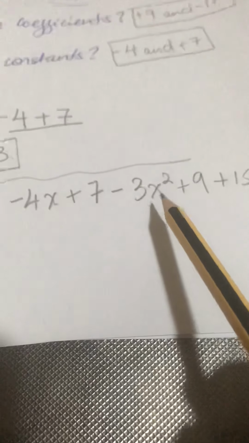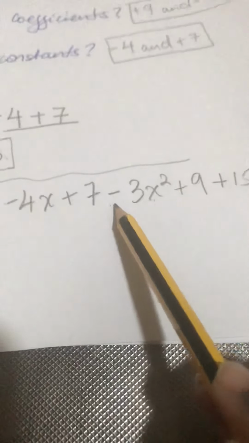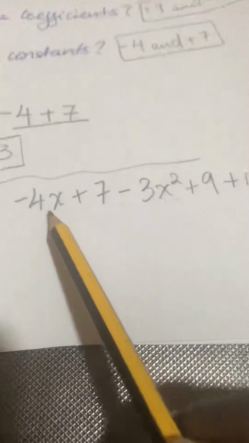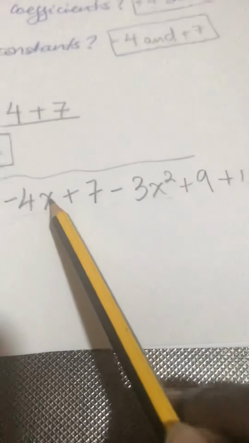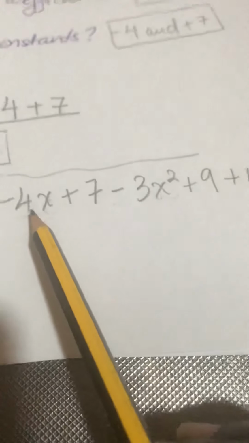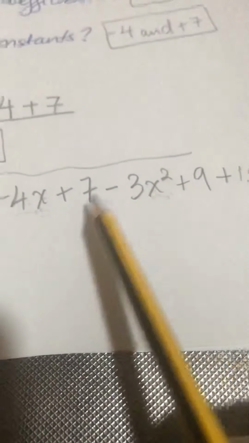Now, this negative 3x squared is not a like term to this. Why? Because this one does not have an exponent. So just because the letters are the same does not mean they're like terms, because this exponent changes. This and this are not the same.